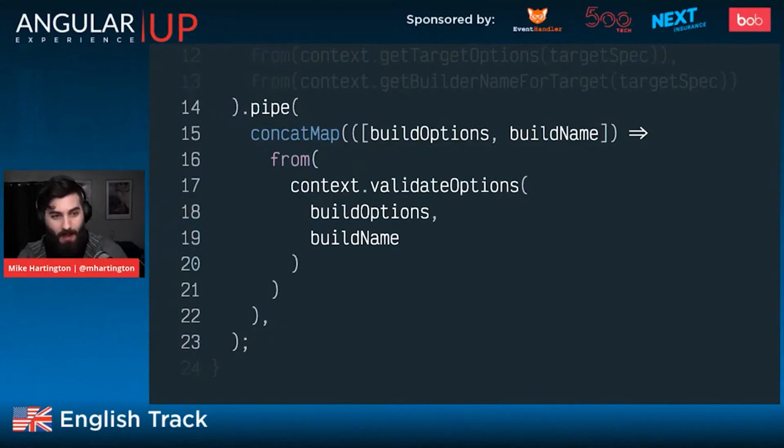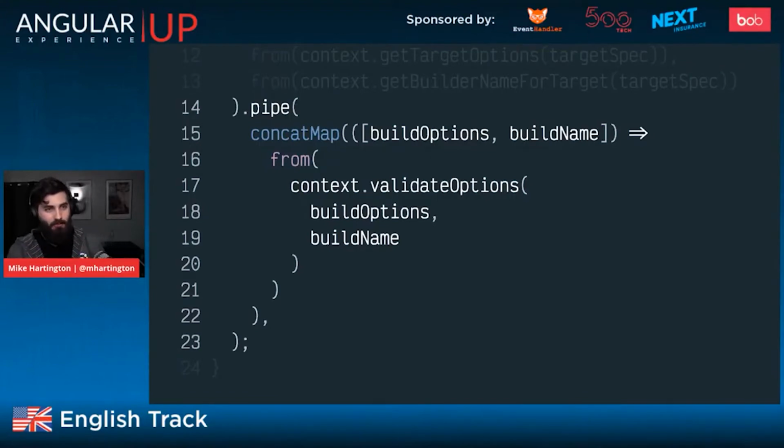Now, this kind of reflects back to that idea of a schema, of having a list of all options that are available to a builder and what their default values are. So in this case, if my default build options say its only value is to build with AOT enabled by default, well, there are a lot of other configuration options that we could pass to that, but we just haven't provided them.